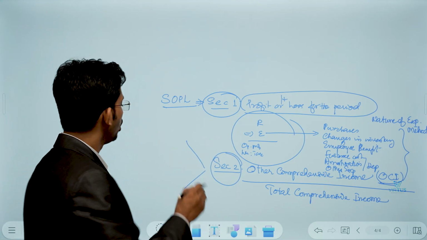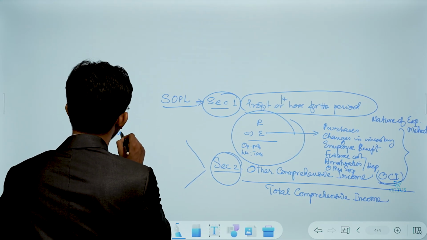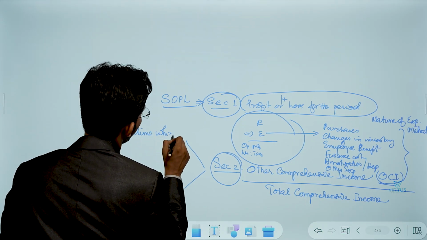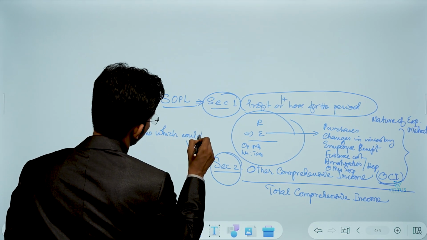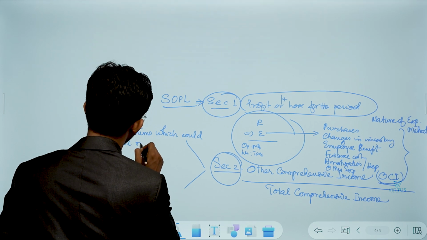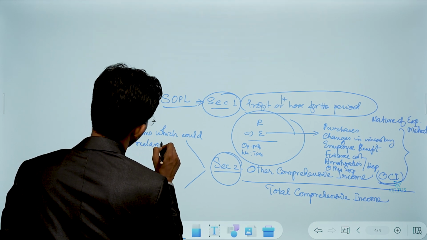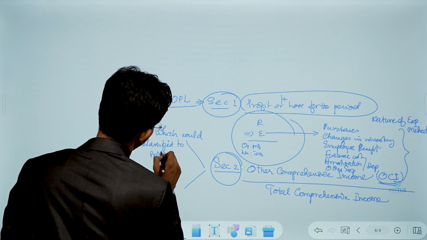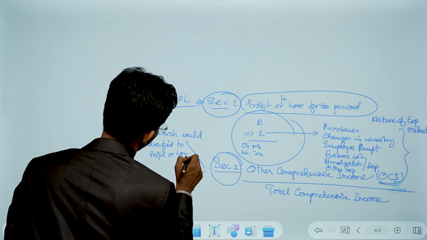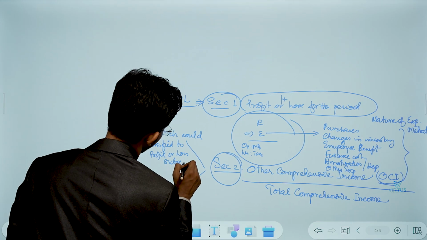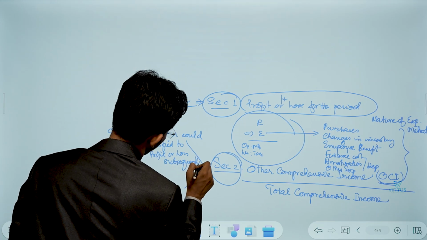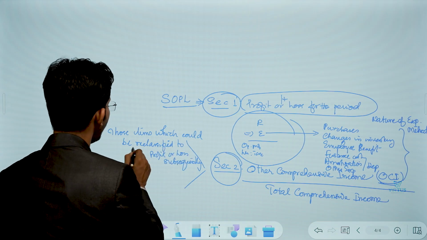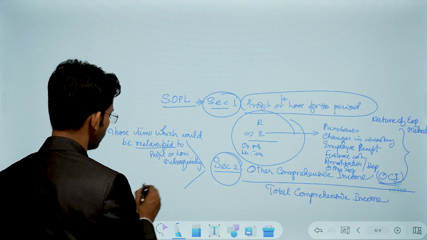The first category is those items which could be reclassified into profit or loss subsequently.